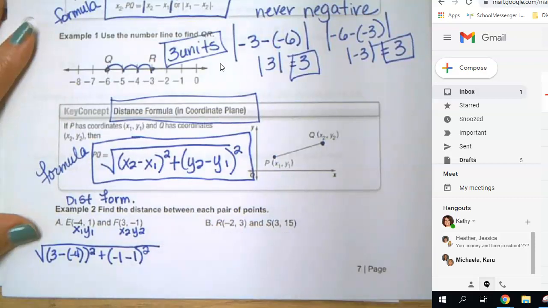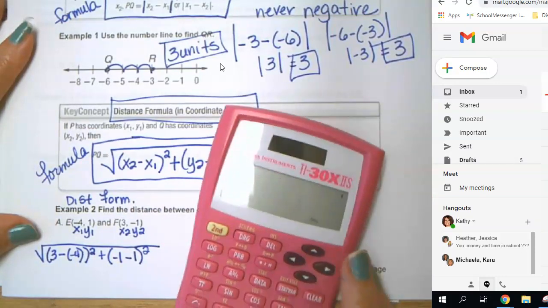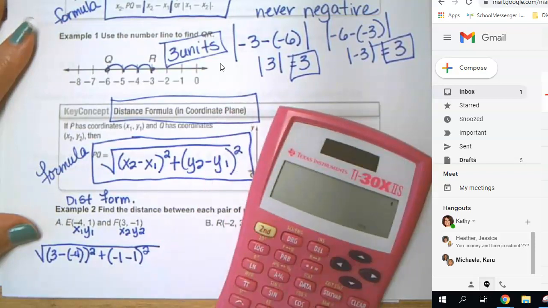And if you would type that into your calculator just like that, see if I can get my calculator out so you can see it. Yeah, you can see it if I can stay out of that sunlight. So I'm going to solve what's in the radical, or the square root part. I'm just going to solve this part first.